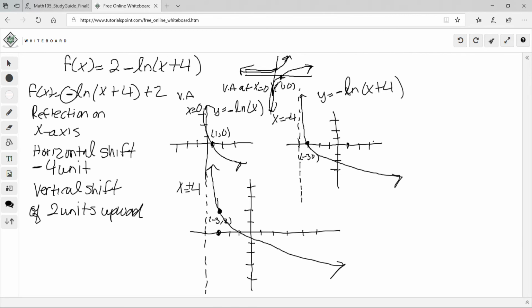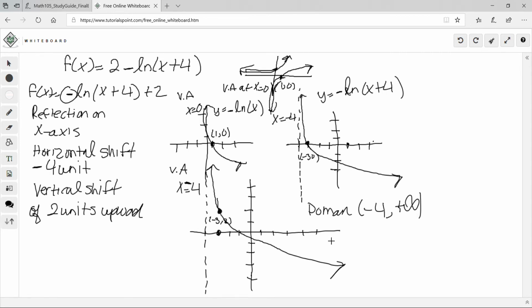So our vertical asymptote is at x equals negative 4. I mean, not positive 4, negative 4. And then our domain is parentheses, negative 4 to positive infinity, right? Because it gets really close to negative 4 but never touches, that's why it's parentheses.